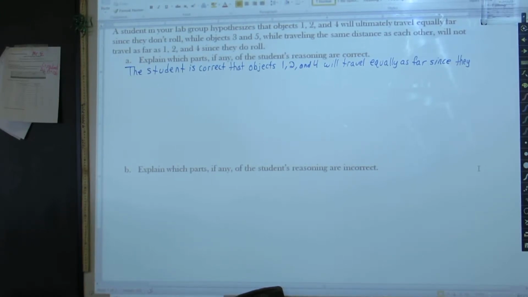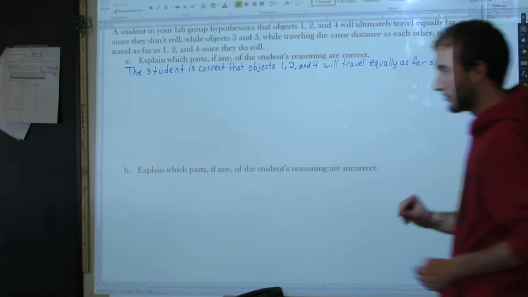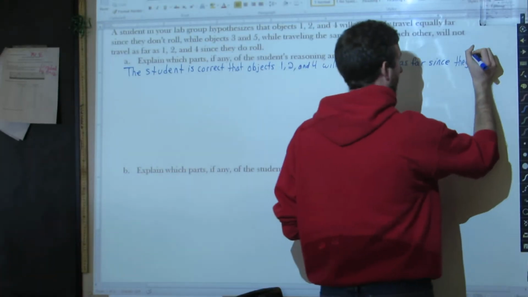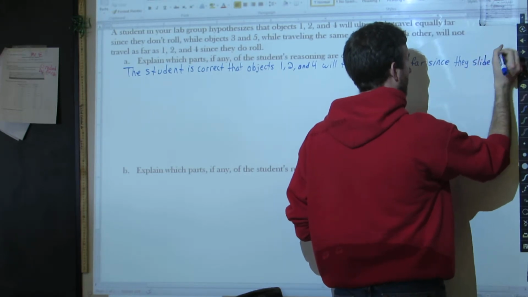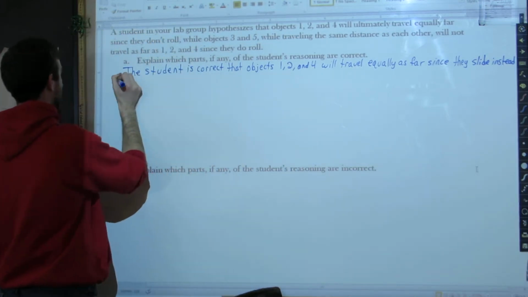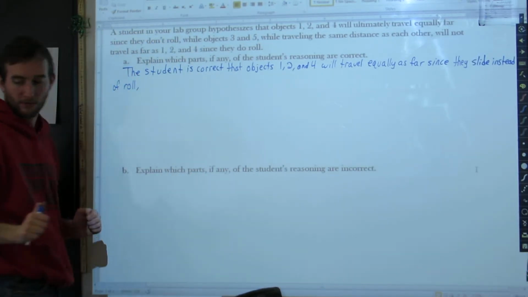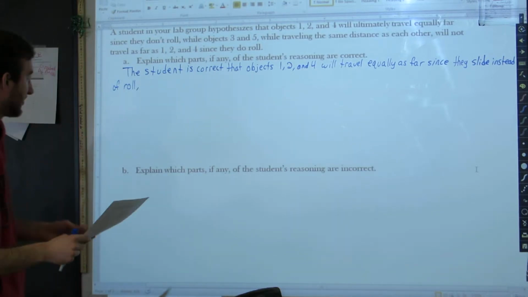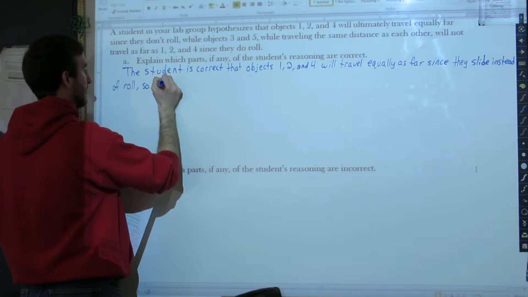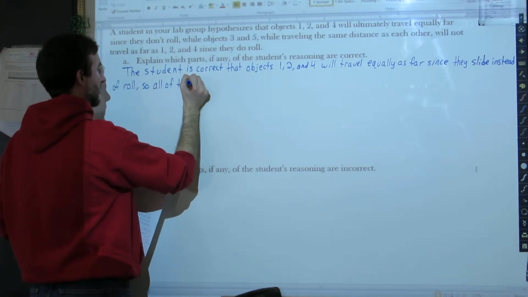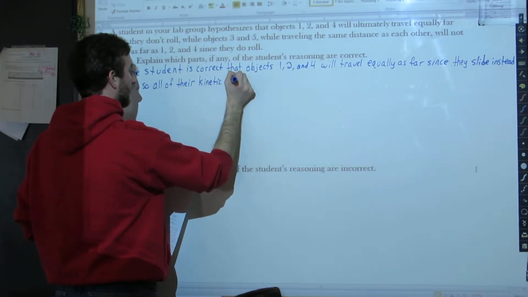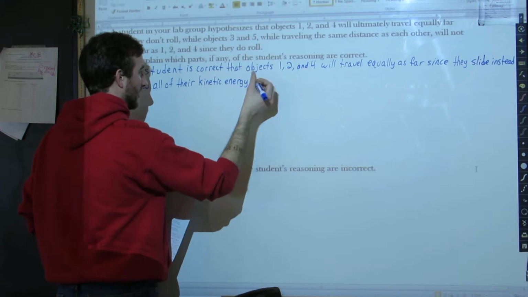Alright, we're right where we left off. Objects 1, 2, and 4 will travel equally as far since they slide instead of roll. And the reason that this is important is because if they slide, all of their kinetic energy is translational.